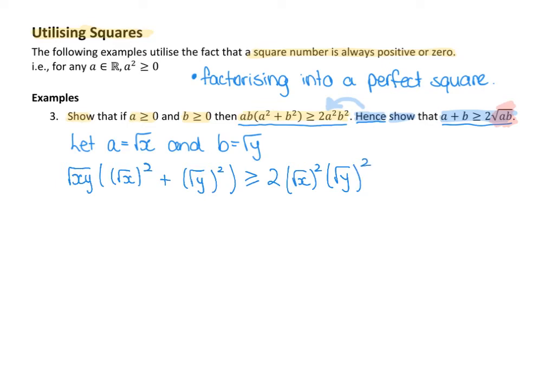Okay, so we can see some things here that are going to cancel. We're going to have these squared values cancelling with the square roots all over the place. So we can go and simplify that first.